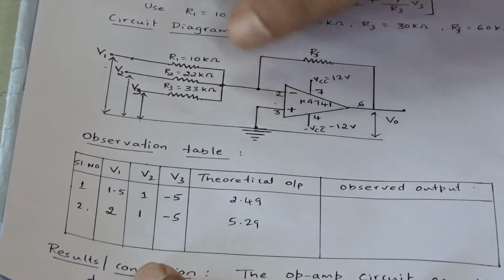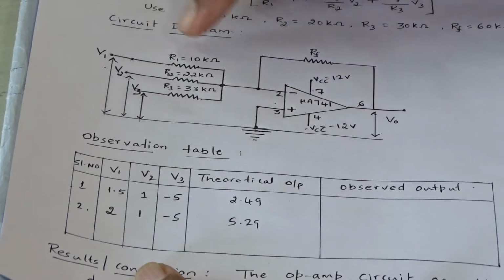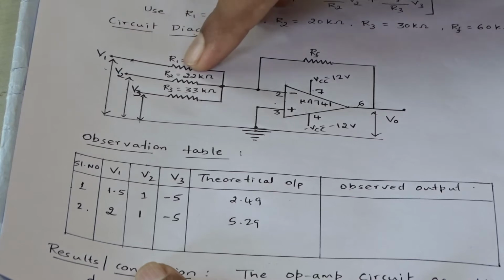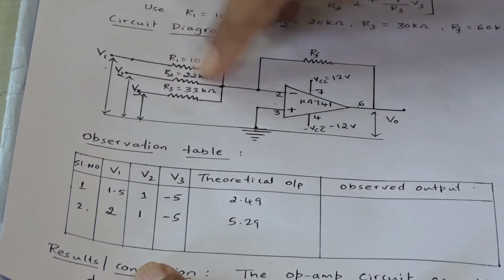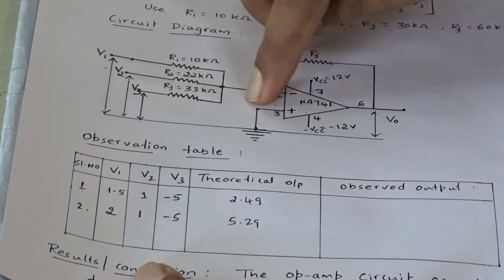Based on this I can write the equations for the currents: I1 is equal to V1 by R1, I2 is V2 by R2, and I3 is V3 by R3.